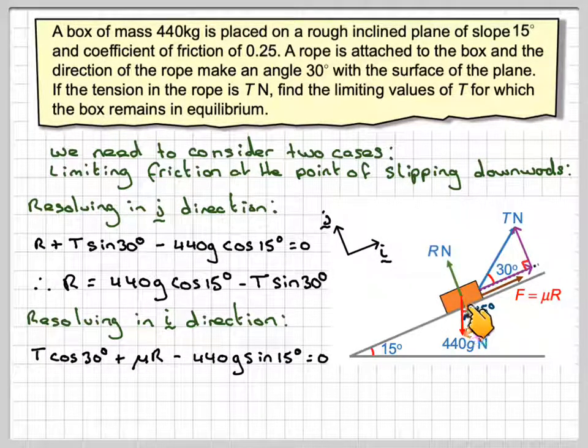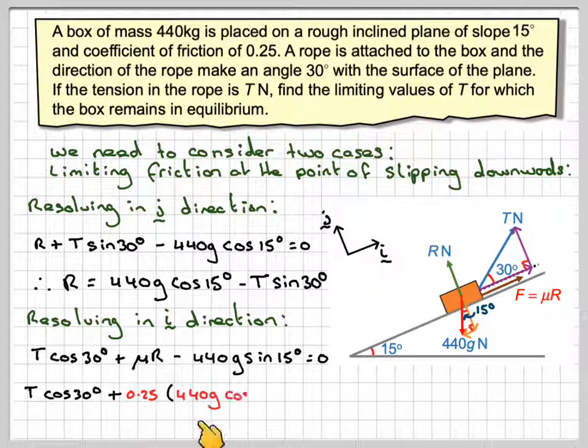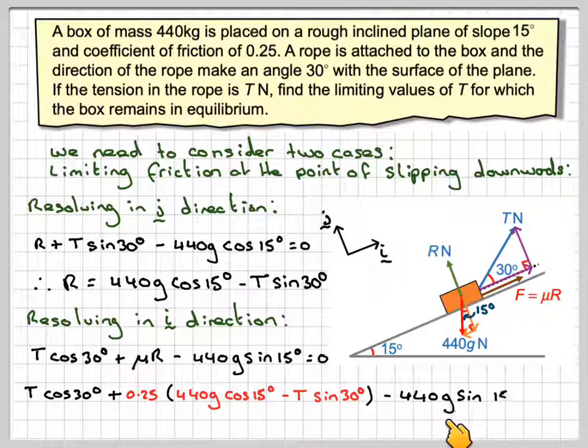It's at the point of slipping downwards. Now, replacing mu with 0.25 and R with 440 g cos 15 minus T sine 30. Don't forget we still have the minus 440 g sine 15 degrees is equal to 0. Now it looks a little bit horrendous, but we'll just work with it.